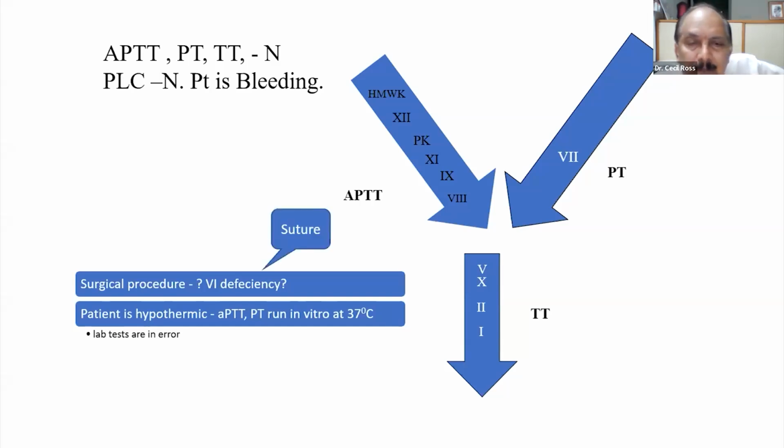The suture material. If the suture slipped off or the suture is deficient, in patients who have had surgery, they will bleed and all this will be normal. Then you have to tell the surgeon that it's nothing wrong with hemostasis. It's not a coagulation problem. It is probably a suture problem.